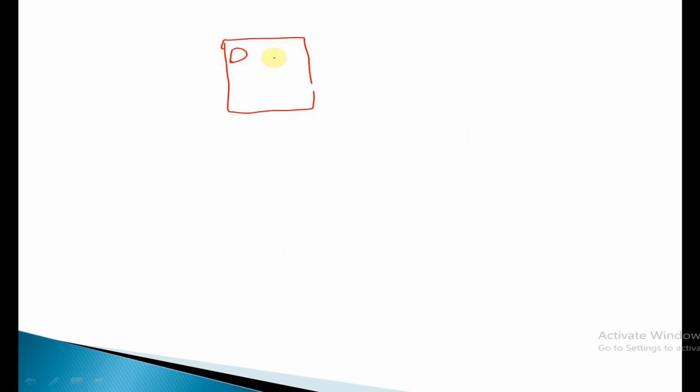So let's say this is our D flip flop, with Q, Q bar, and clock. So this is our clock.